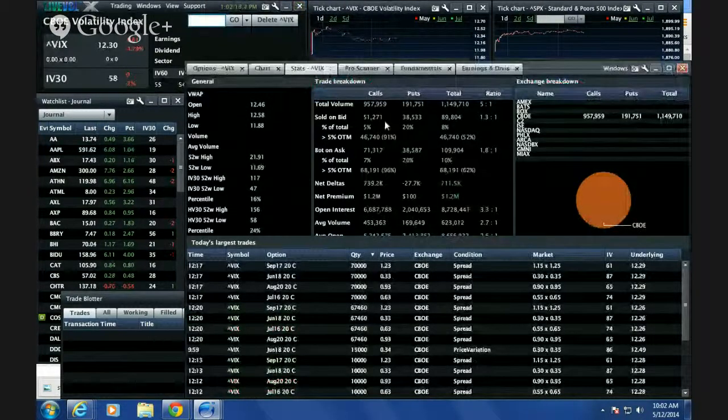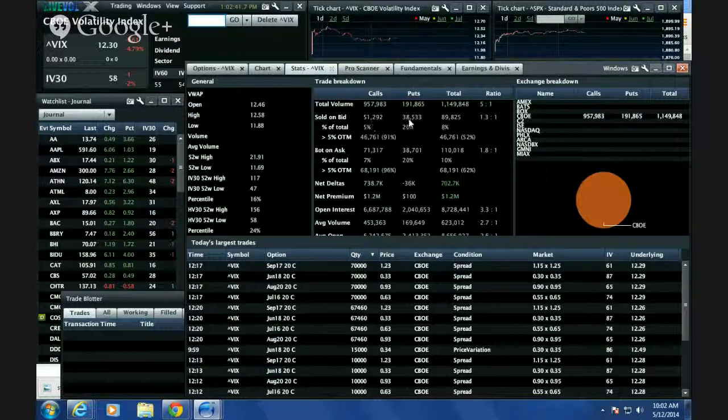As you can see, almost 1 million calls traded to 200,000 puts. If people bought on the ask, that's getting you long delta on the calls. If people are selling on the bid on the calls, that's getting you short delta, and it's vice versa for the put.